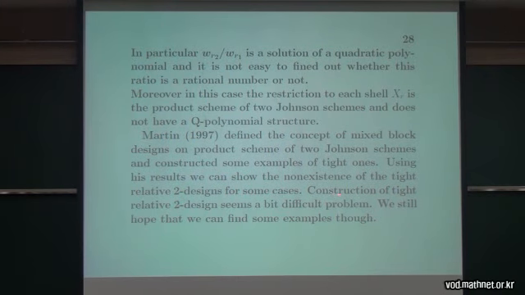And construction of tight relative t designs seems a bit of a difficult problem, and we still hope that we can find some examples, though we don't have any yet.